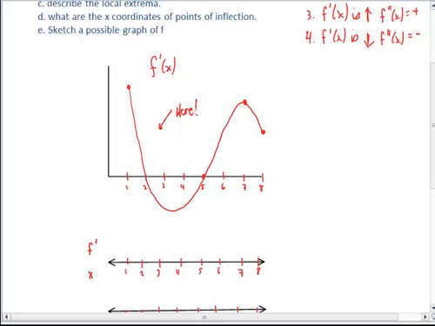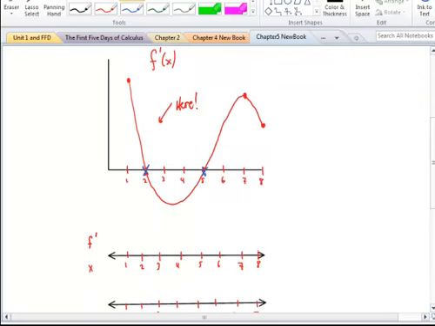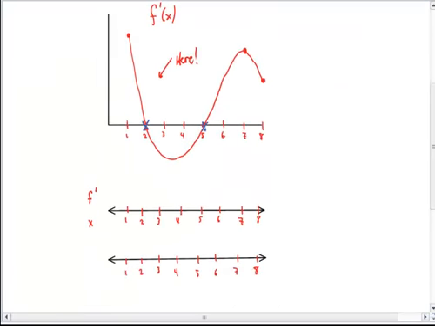So what we're going to do is analyze this graph, and we want to find out where f prime is 0. Well, here's a 0. I'm going to change the ink of the pen. Here's a 0. Here's a 0. So right there on the number line, we would like to put a 0 value for the derivative.